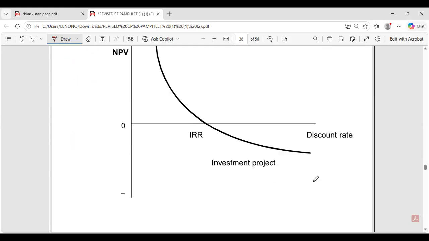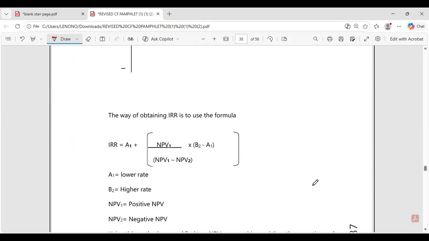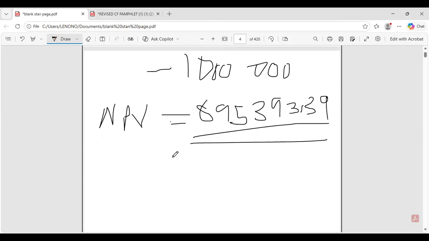Okay. So this is how the internal rate of return is calculated.